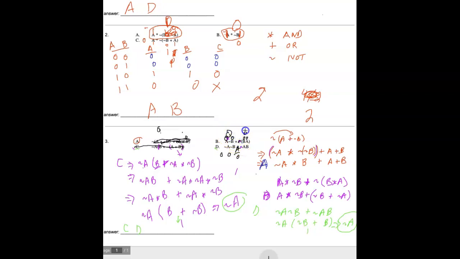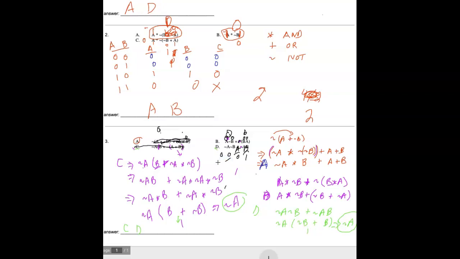And 0 plus 1 is 1. So B simplifies to a 1 when 0 and 0 are used as an ordered pair. I'm going to take this value for A, plug it in here. The not of A is true. So B is still in the running to possibly be equivalent to expressions C and D.